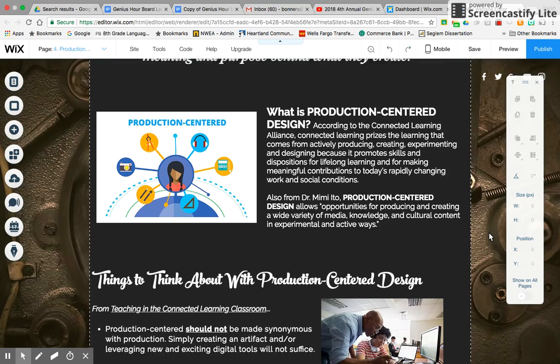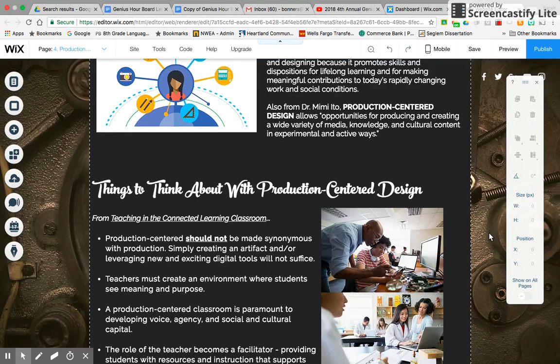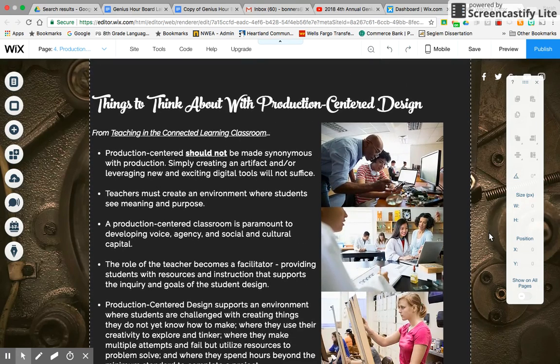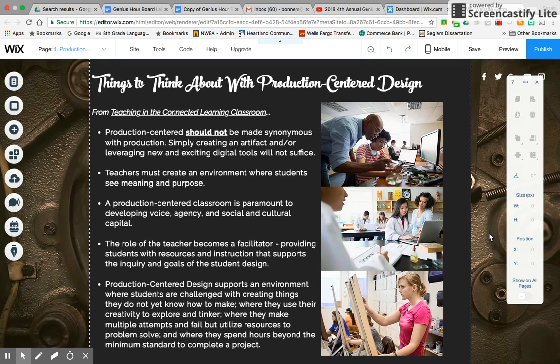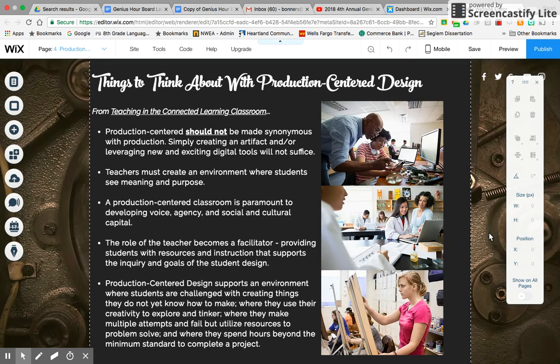As I take you through the rest of these resources, I wanted to point out a few things that technical difficulties didn't allow us to do last week. Production-centered design is not necessarily just an artifact or the idea that we are just implementing a tool.